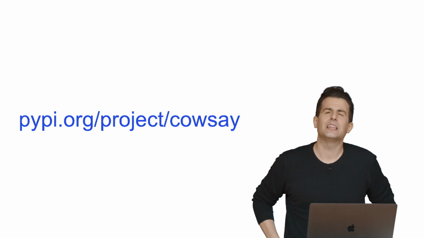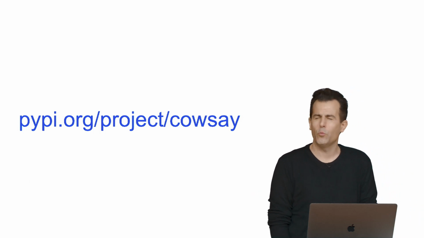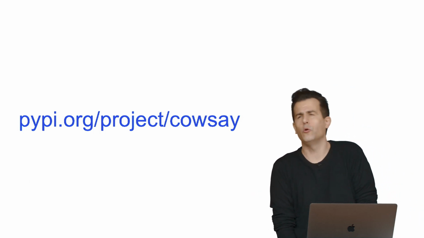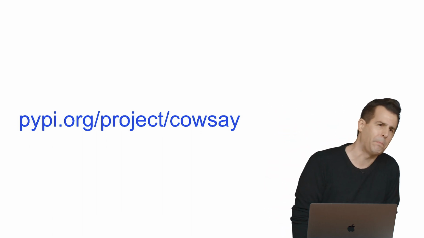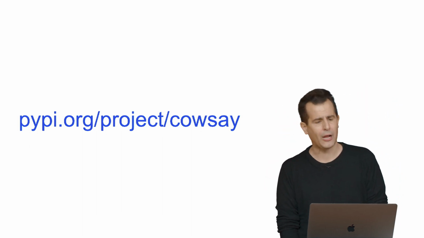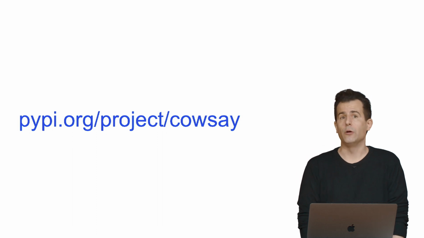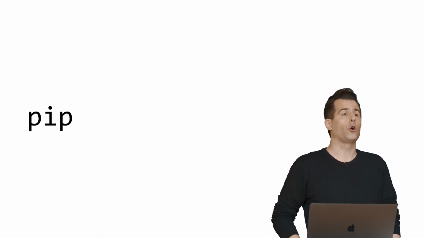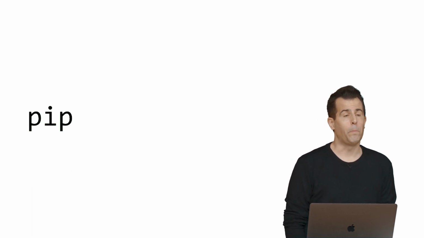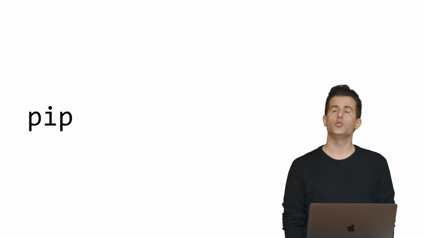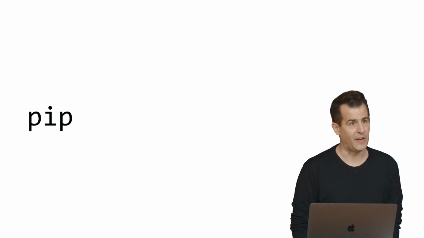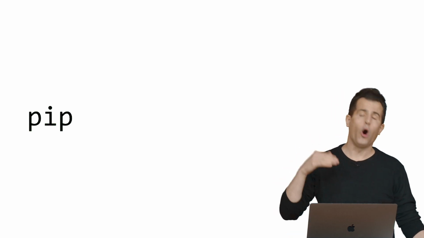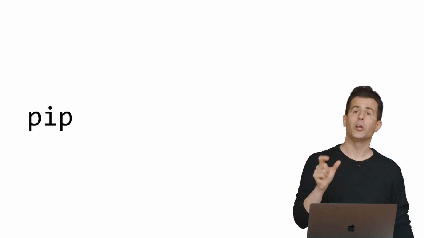But how do you actually get the package into your system? Well, technically, you could figure out how to download the file and maybe unzip it and put it into the right location on your Mac or PC. But nowadays, a lot of languages, Python among them, have what's called a package manager. This one here is called pip. So pip is a program that generally comes with Python itself nowadays that allows you to install packages onto your own Macs or PCs or cloud environment by just running a command.